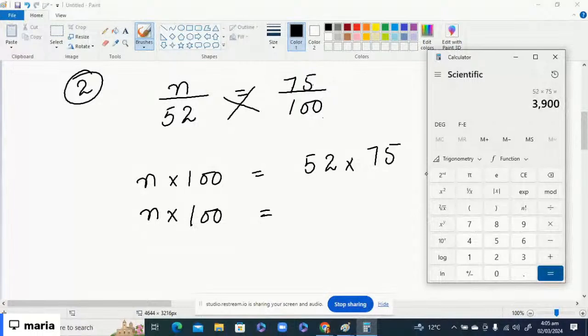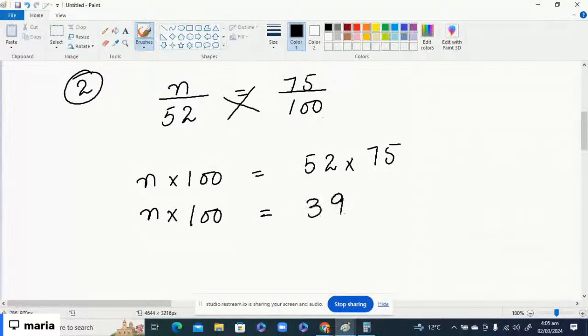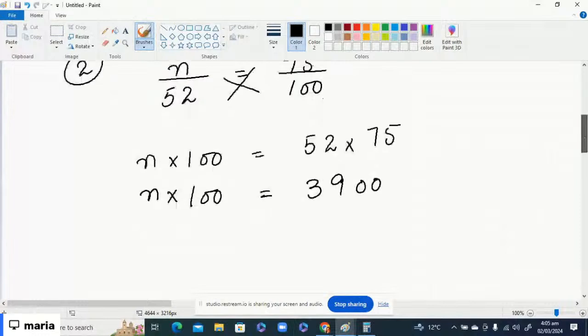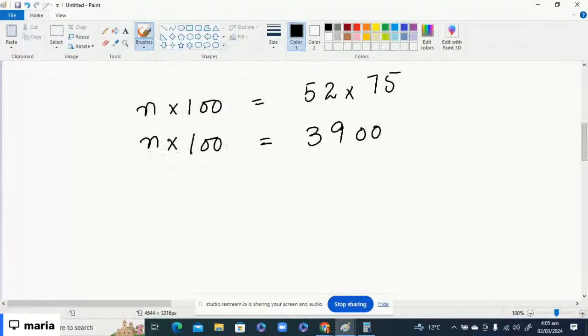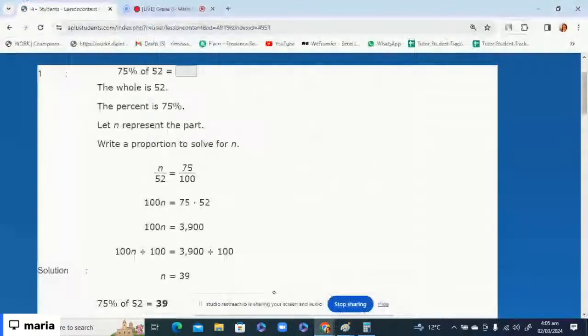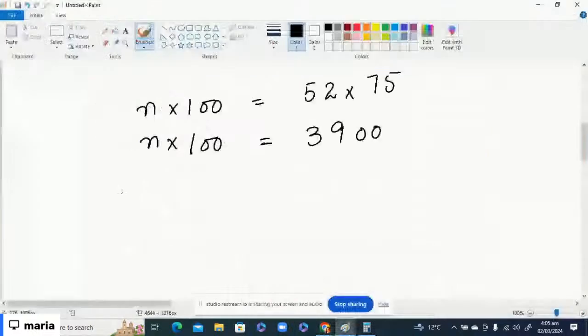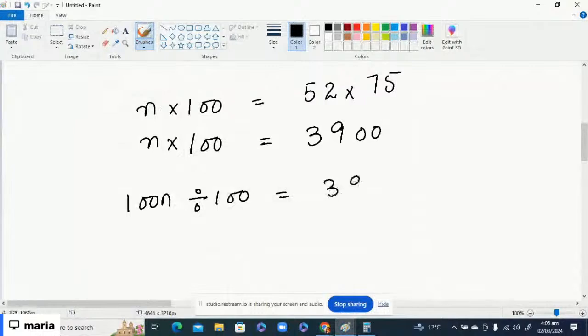The answer is 3900. Okay, let's write 3900. Now there is multiplication of 100, so we are going to divide both sides by 100. 100n divided over 100 is equals to 3900 divided over 100.